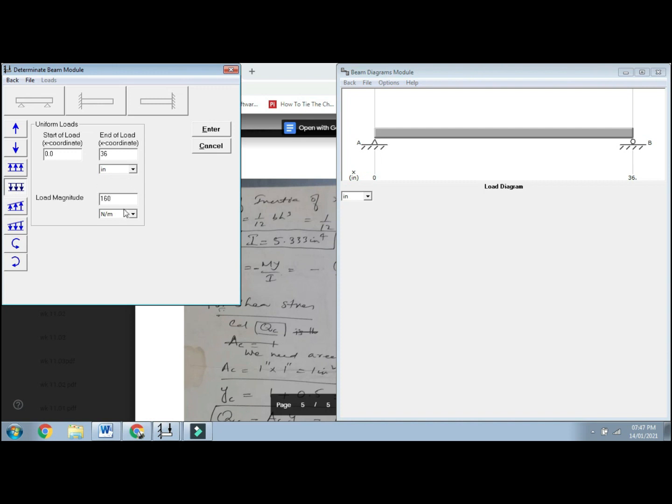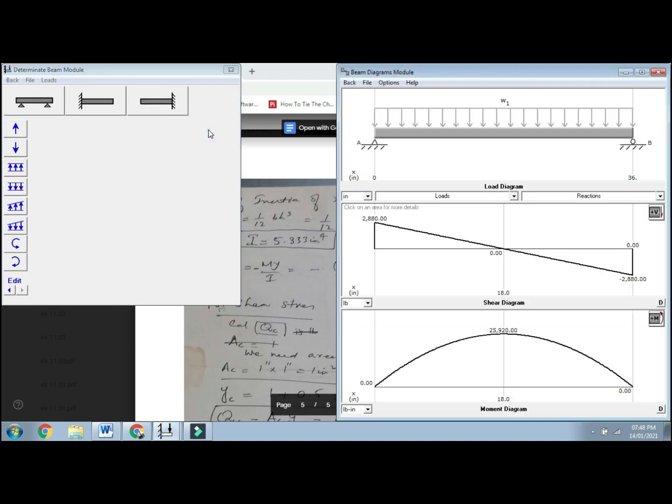Be very careful, do not use the other option because it will be in different units and the answer will come out erroneous. It is pounds per inch, and we do this. See what we get here.